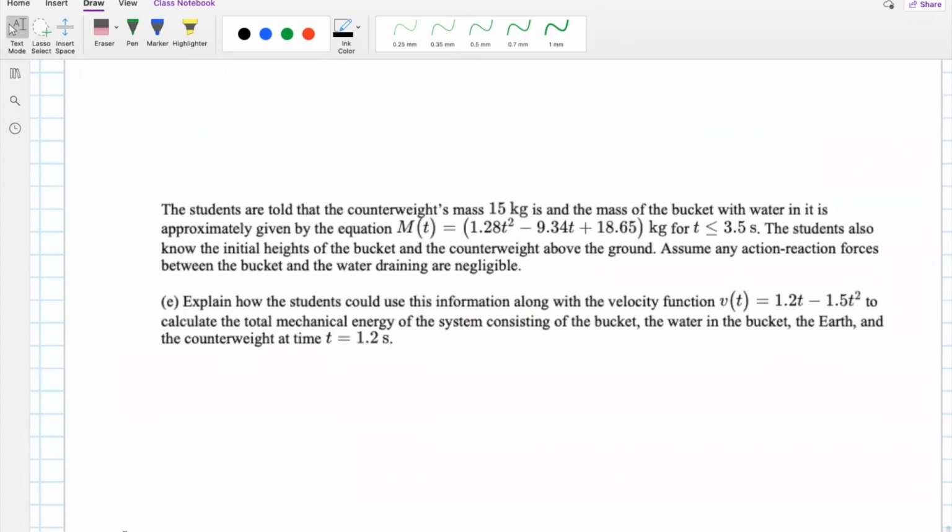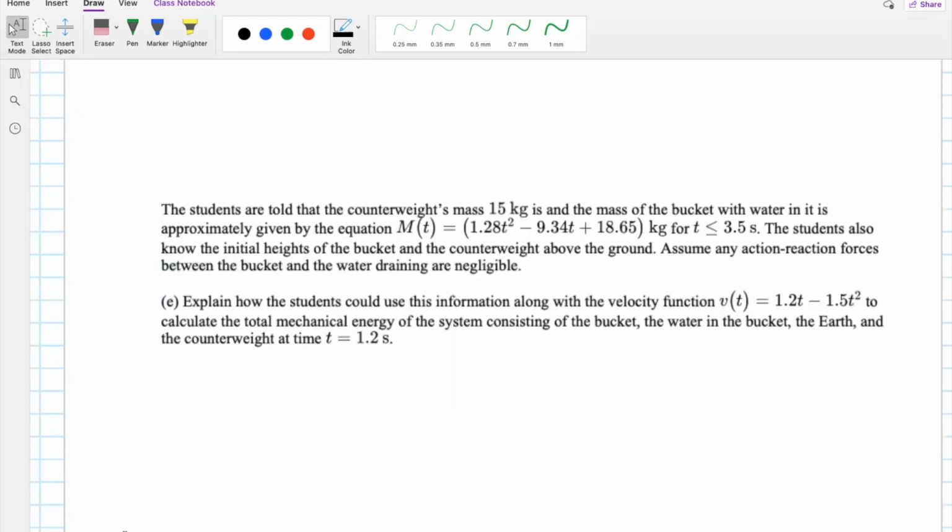So the students are told that the counterweight's mass is 15 kilograms, I think we have a typo there, and the mass of the bucket with water in it is approximately given by the equation m of t equals 1.28 t squared minus 9.34 t plus 18.65 kilograms for t less than or equal to 3.5 seconds. The students also know the initial heights of the bucket and the counterweight above the ground.